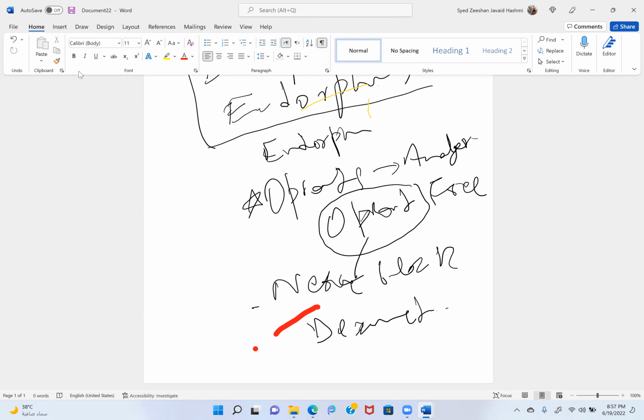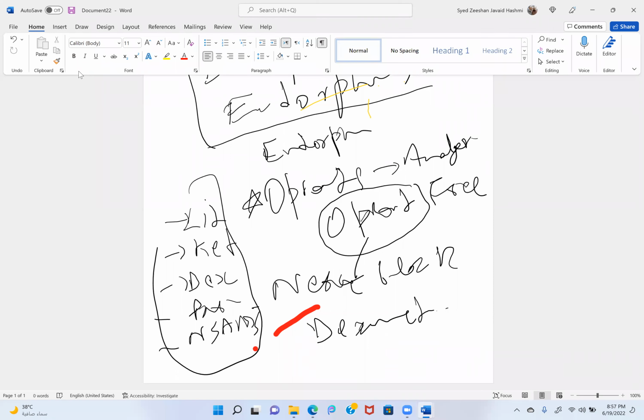Even as of today, if you use a combination of lidocaine, ketamine, dexmedetomidine, paracetamol and any NSAID, I can guarantee you that the opioid consumption will be minimal, at least for acute pain.